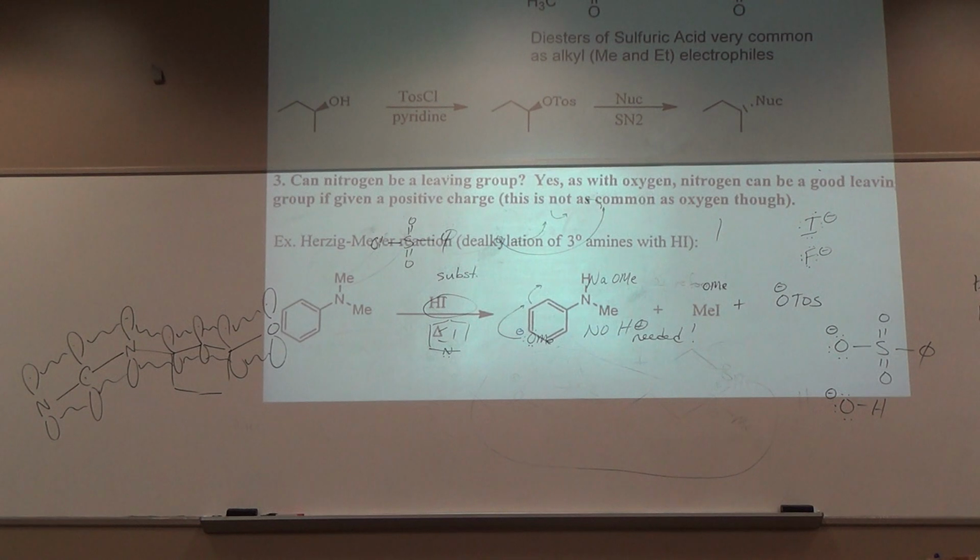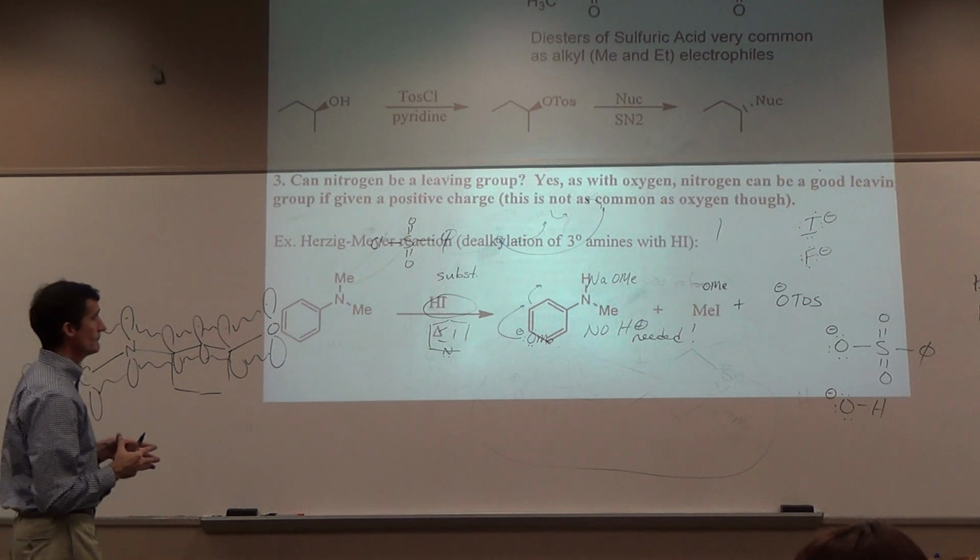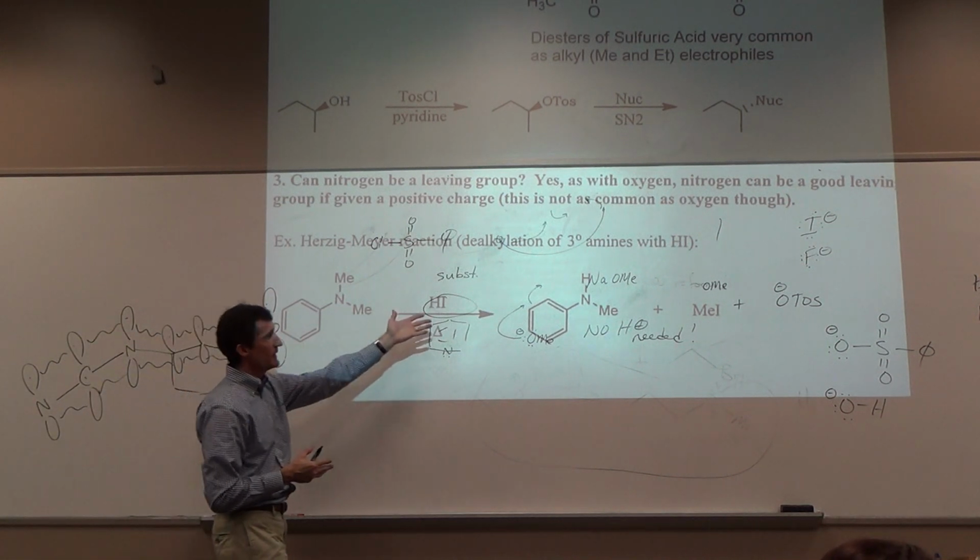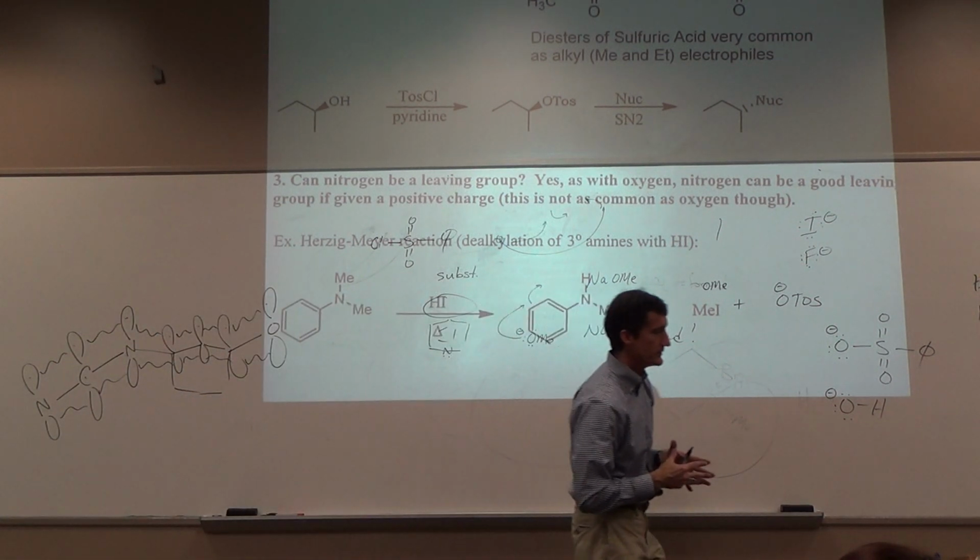We said make oxygen positive. Oxygen can be in many different types of functional groups. But unfortunately, your book will probably just talk about alcohol. But really, it's any oxygen. It doesn't have to be an alcohol. That's a pretty straightforward mechanism if you just do it.